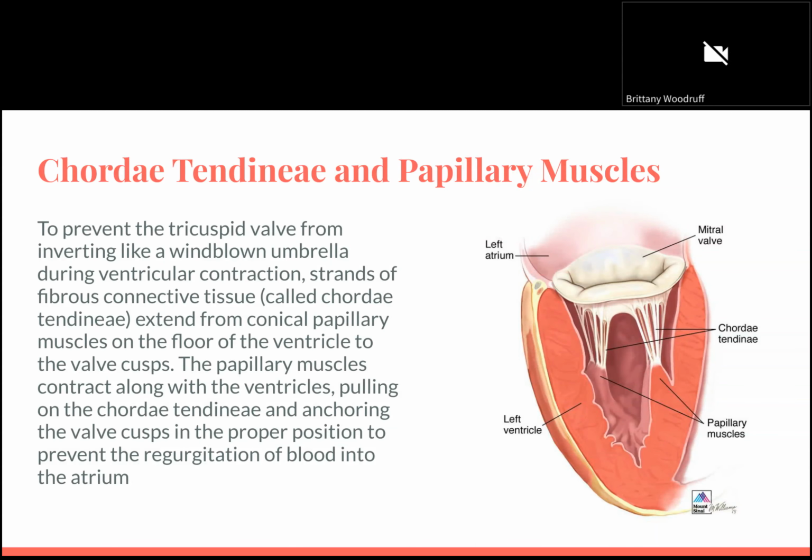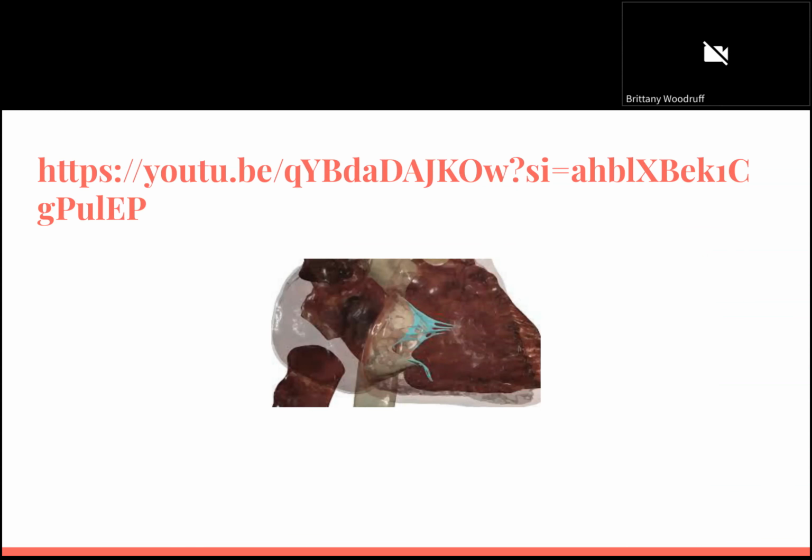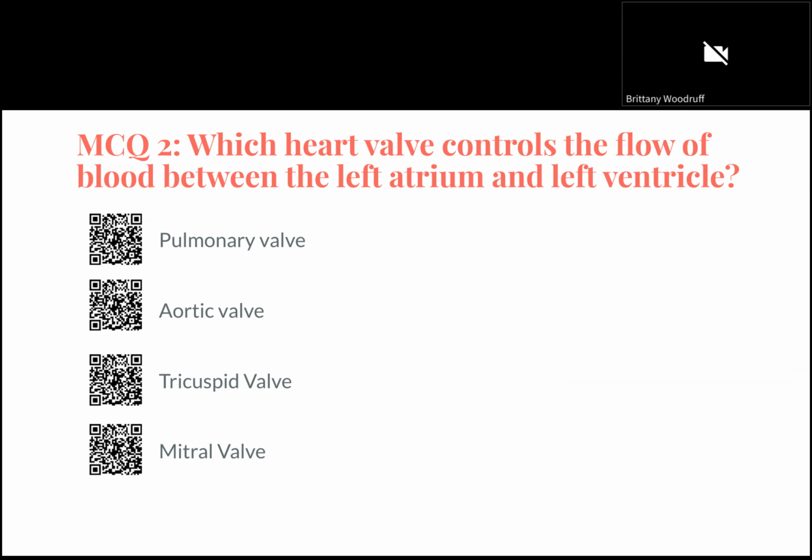If you've ever heard of aortic regurgitation or something like that, what that means is that your valves are not working properly and they're opening up so that blood is backflowing. The chordae tendineae is one of the things that help prevent that from happening. This is just a cool animation showing you how they work. But again, we're not focusing on them. If you want to watch it, it's there for you to play.